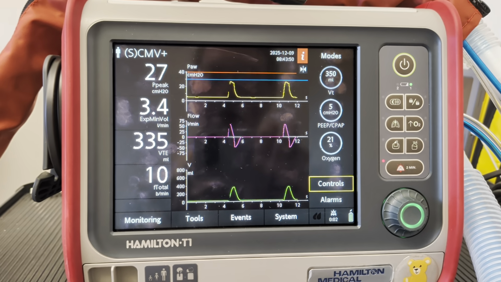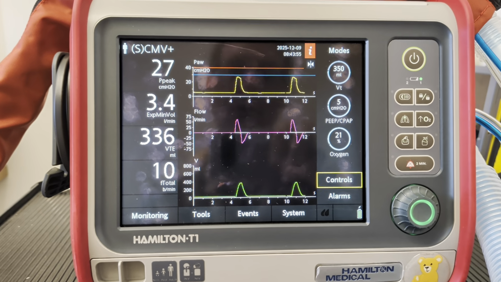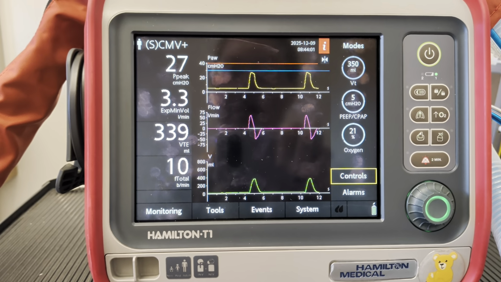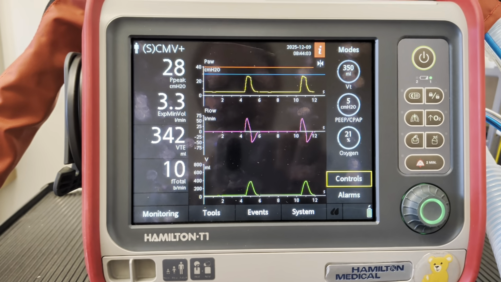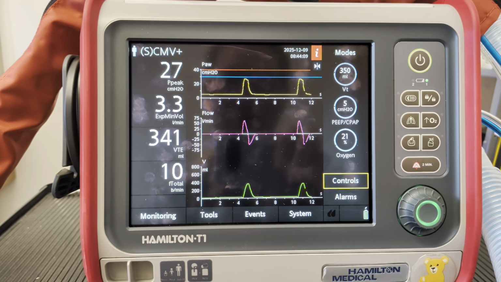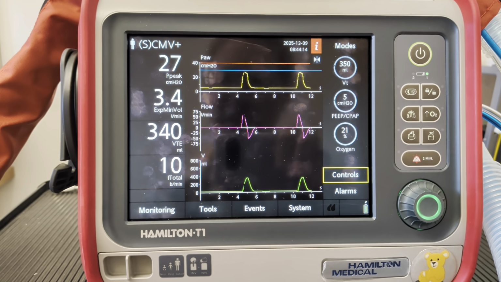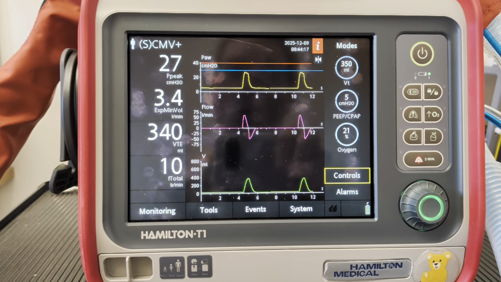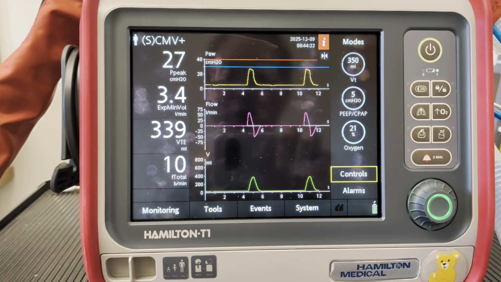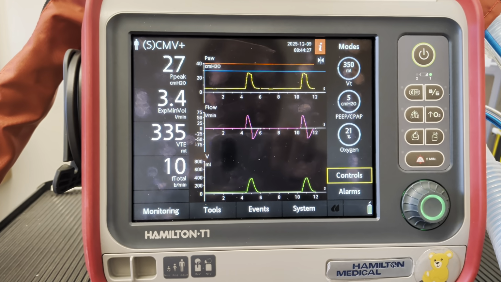The risk for air trapping, volutrauma and barotrauma, and severe states of obstructive shock due to increased intrathoracic pressure is a primary concern when it comes to intubating or placing artificial airways in patients that are experiencing severe asthma attacks. So you want to avoid intubating those patients if at all possible, because the obstructive pathology can be fraught and life-threatening to manage on a ventilator.